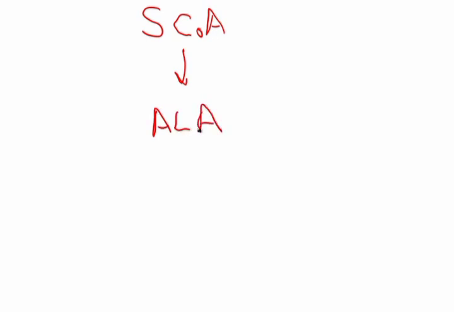This reaction is catalyzed by an enzyme called aminolevulinic acid synthase, also called ALAS. Important to note that ALAS is the rate-limiting step in the production of protoporphyrin. And the second important point is that vitamin B6 is a cofactor for this enzyme. So these are two important things to be aware of.